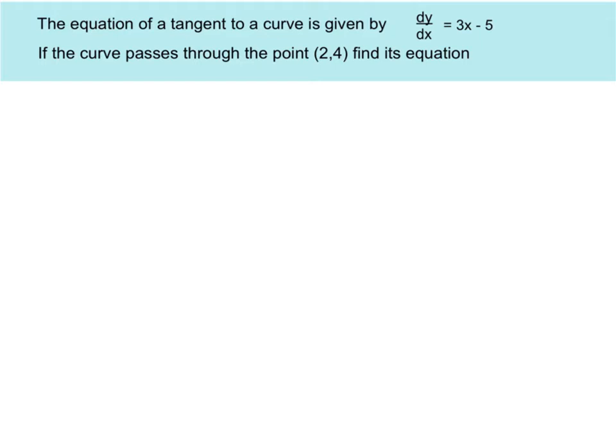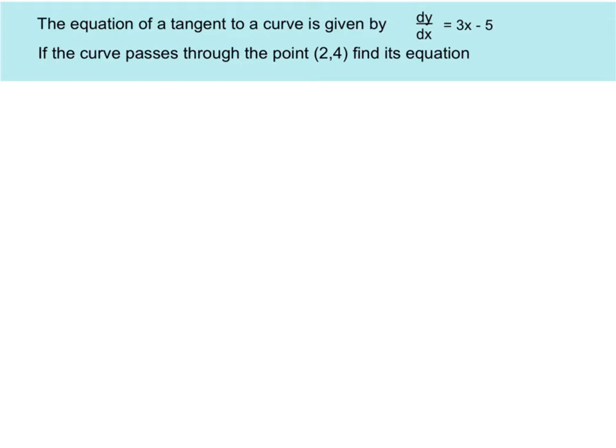So we need to remember that tangents to curves are found by differentiating. What has happened here is we have differentiated the equation of our curve and got this. I've been asked to find the equation of the curve, so I'm going to have to undo that differentiation and integrate it to get y equals something for the equation of my curve.